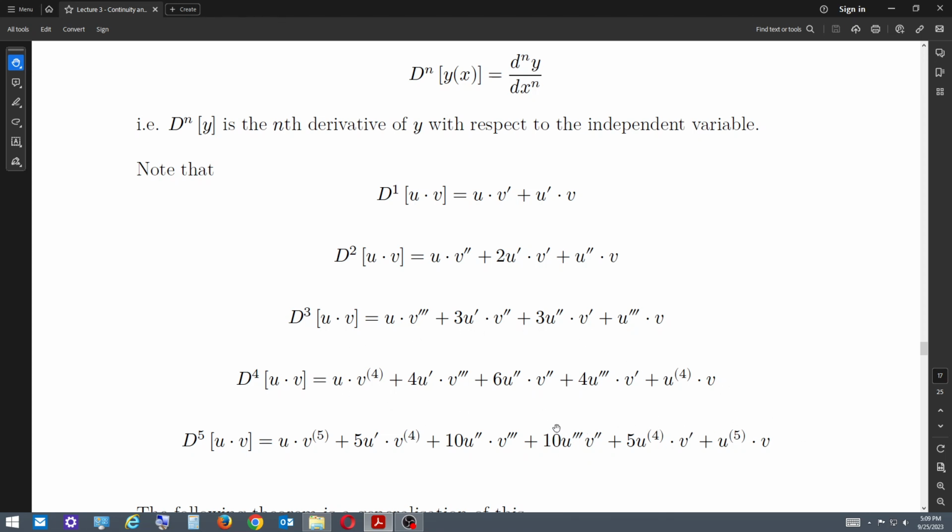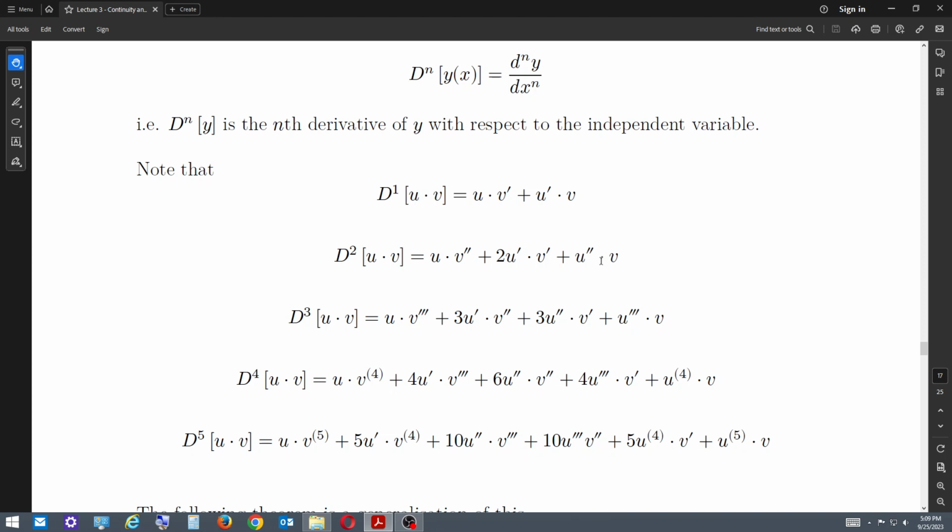There is some work involved in going from one step to the next before you get to this simplified form. Because of that, you wouldn't really want to use this if you want to work out a higher order derivative. In a case like that, we would rely on Leibniz's formula.